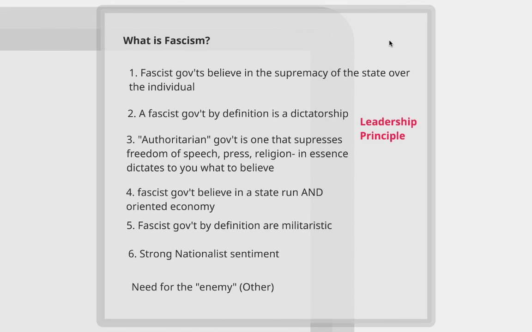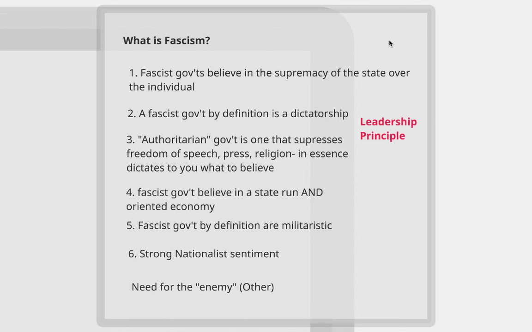Number 5, fascist governments by definition are militaristic. And what this means is that the whole thing is set up around building up the military, adding guns, adding weapons. The whole purpose of it is to build up the nation and its citizens on this idea of going to war, right?